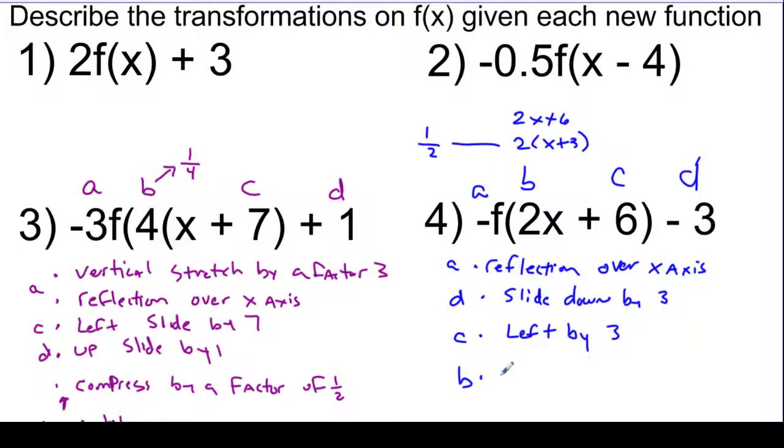So I'm going to say that this is a horizontal compression by a factor of 1/2. Again, there's lots of little strange things happening on the inside of the function we have to worry about. The reciprocal of B, the opposite sign of C, and now we're adding one more thing onto that. Before you can even talk about B and C, we want to make sure that it is in a factored form, so the coefficient of x is 1.